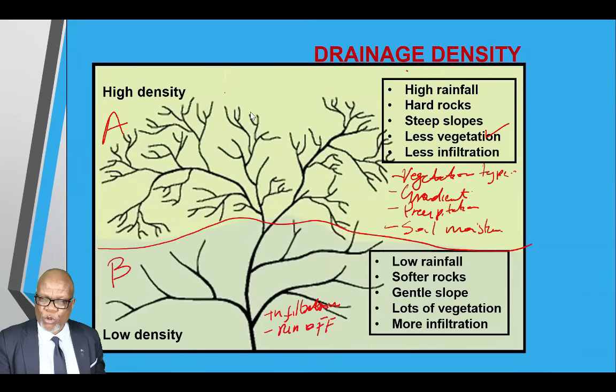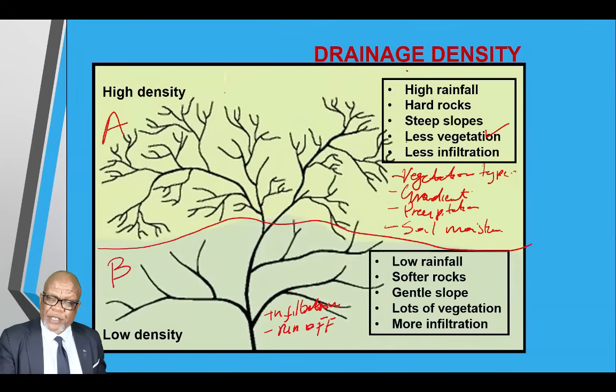That's why we have more water flowing, causing high density. And at B, there is a soft rock. The rocks here are softer, and therefore there is more infiltration and less runoff. That is why the density is low.